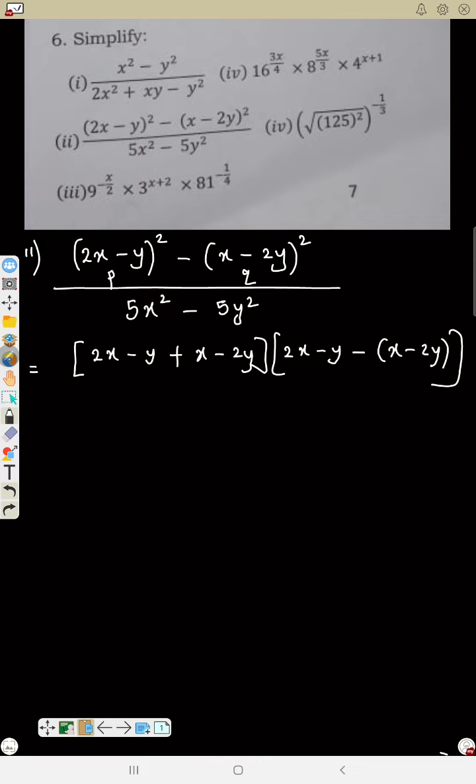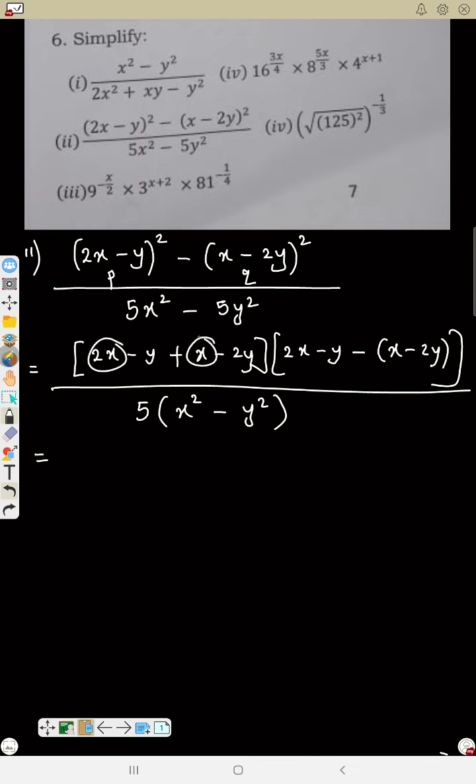So divided by, in this place 5 is common, so it will remain x square minus y square. Now in the numerator, 2x plus x will be 3x, and minus y minus 2y will give us minus 3y.